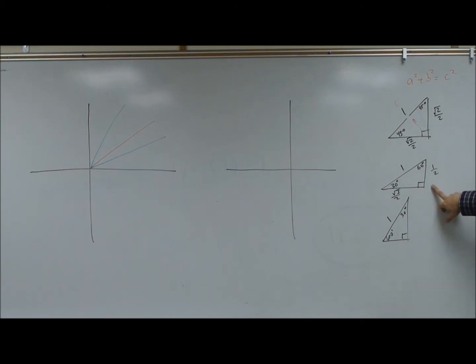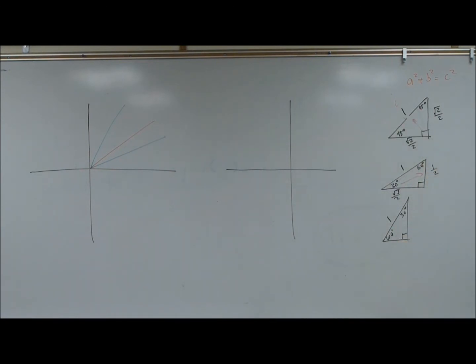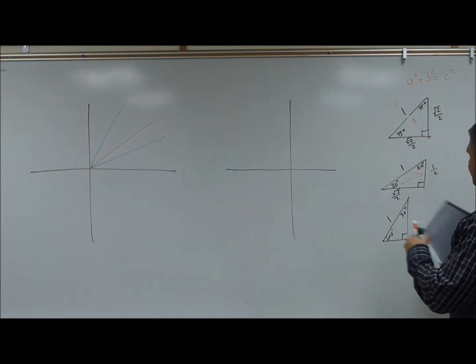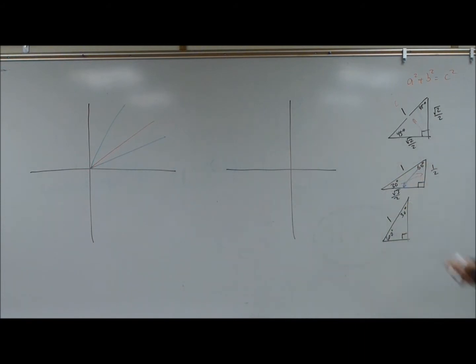Now when we come to this one, we find that if this is 1, the side across from the 30 is going to be 1/2, which is nice and neat. But across from the 60 is going to be the square root of 3 over 2.